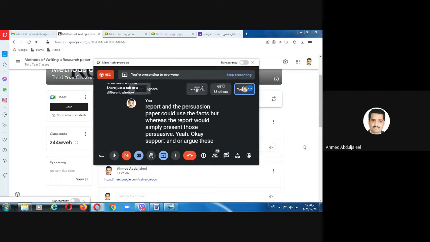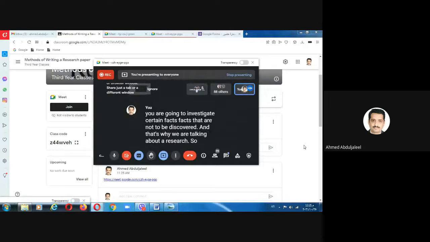Okay. In a persuasive paper on certain things, you are going to support opinions, but sometimes you are going to investigate certain facts that have not been discovered, and that's why we are talking about research.